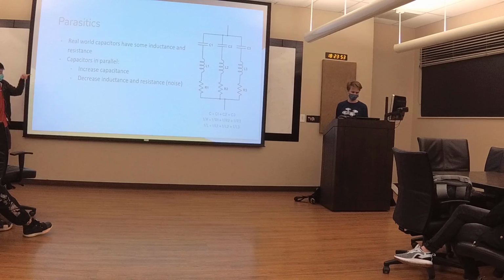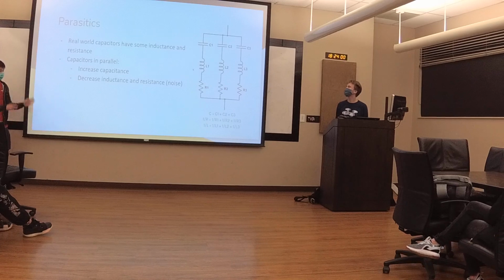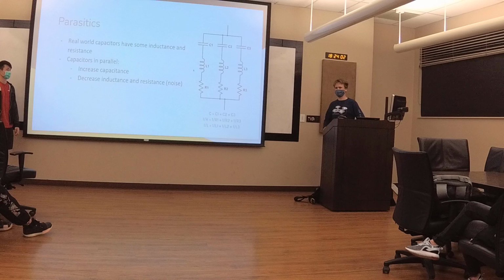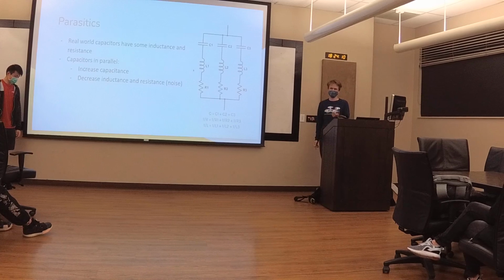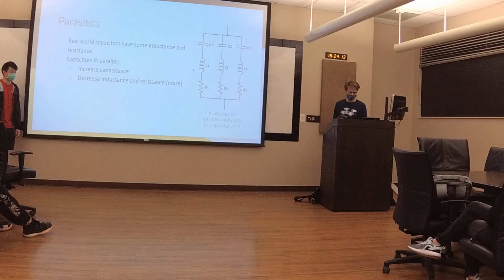So that's why a lot of times in our circuits, we'll have more than one capacitor, but they're not in series, they're in parallel. If you know your circuit theory, putting capacitors in series reduces their capacitance, which very often you do not want, because at that point you should just use a capacitor with a smaller capacitance.